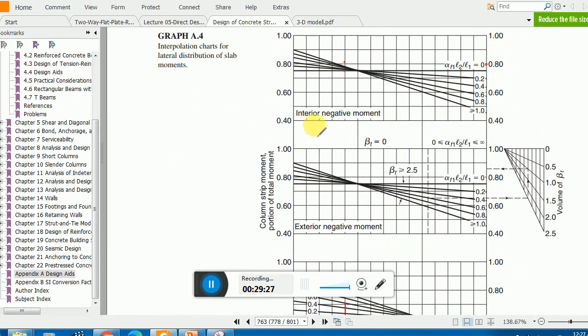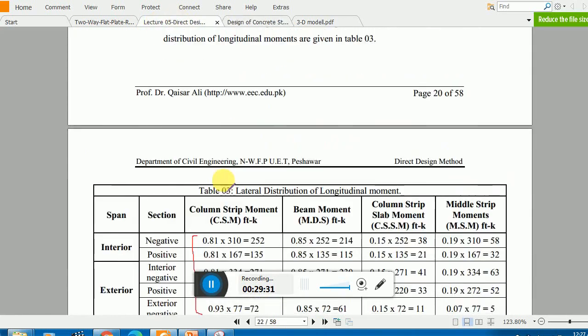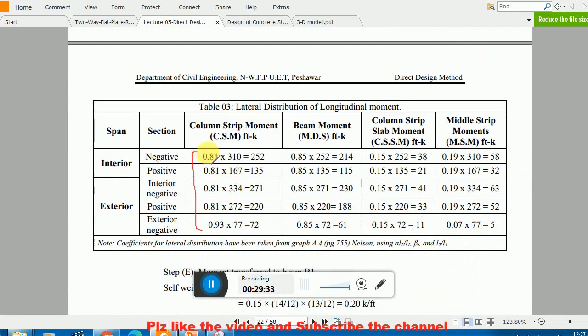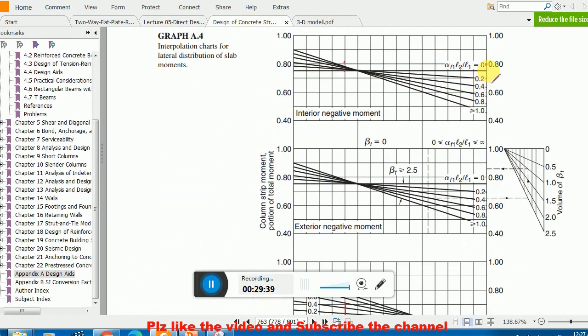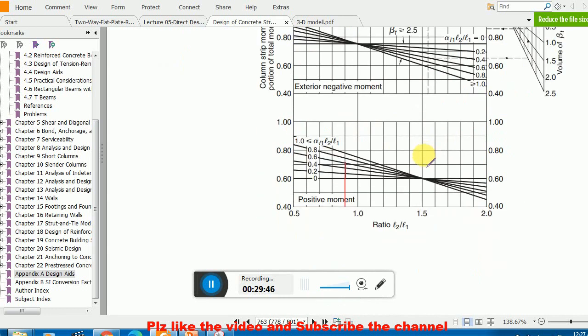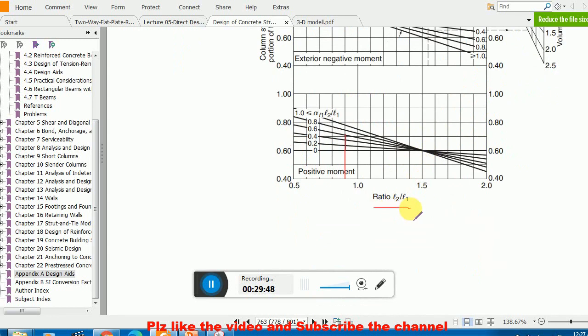So the first is the interior negative moment. The value which you have seen here, 0.81 for interior negative moment, how did they get this value? Basically, this is my beta T value, and these are the values right down here.